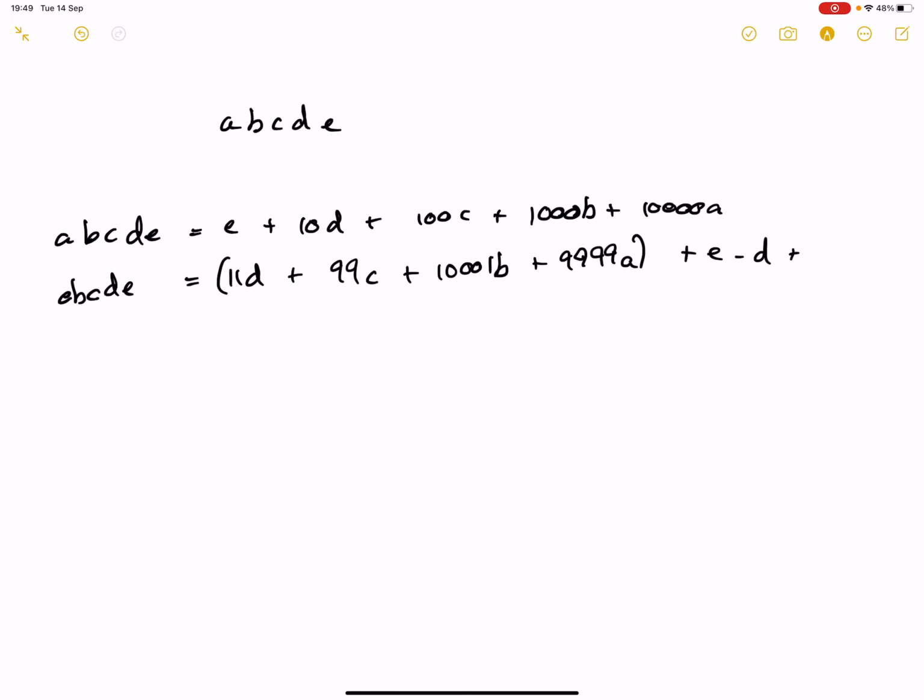Plus C to get to our 100Cs. Minus B plus A. Now, in this case, it's relatively easy to see this is a multiple of 11, and it's this expression here, what we were looking for earlier. If that is a multiple of 11, then the entire number is a multiple of 11. Therefore, A, B, C, D, E will be a multiple of 11. So that's the easier example.